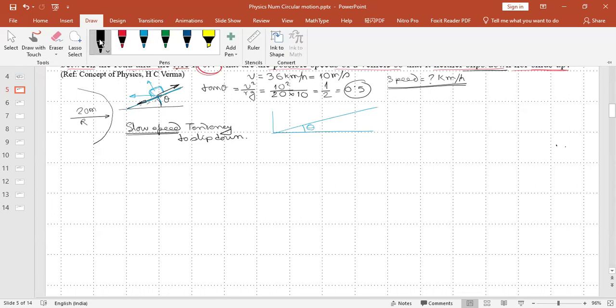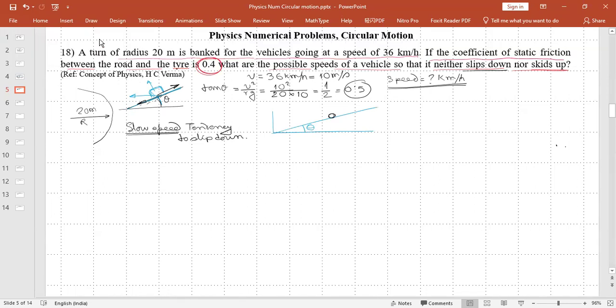Let us say here is your car. Then what are the forces? Important. This is the force mg. And since there is a banking, the reaction force is always perpendicular to the road. This is the reaction force. The reaction force will have two components.